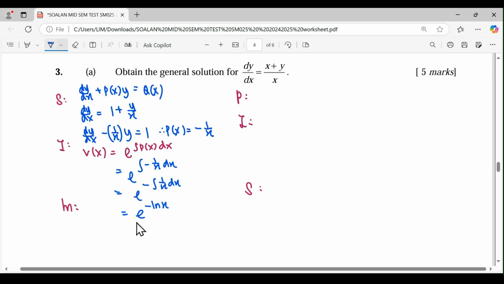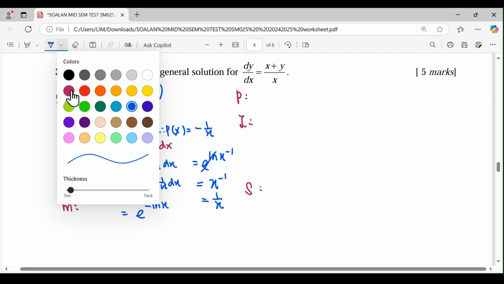So can we just cut out the e and ln? No. Simplify by using your logarithm properties. The coefficient, the negative, moves up to become the power, then only you can simplify e to the power of ln, then only you can cut, become 1. So x to the power of negative 1, which means your integrating factor is 1 over x.